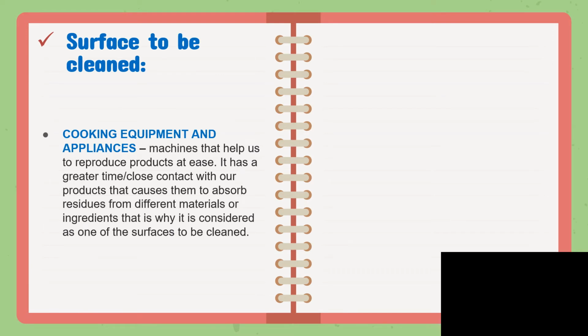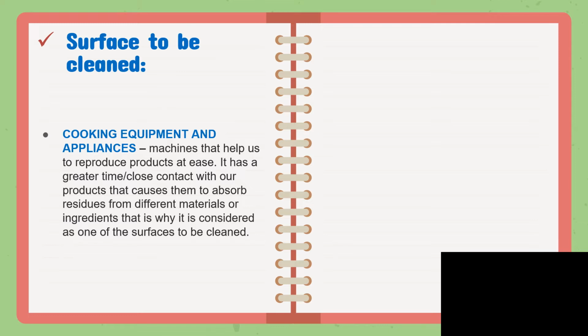Okay, cooking equipment and appliances, machines that help us to reproduce product at ease. It has a greater time of close contact with our product that causes them to absorb residues from different materials or ingredients. That is why it is considered as one of the surfaces to be cleaned.